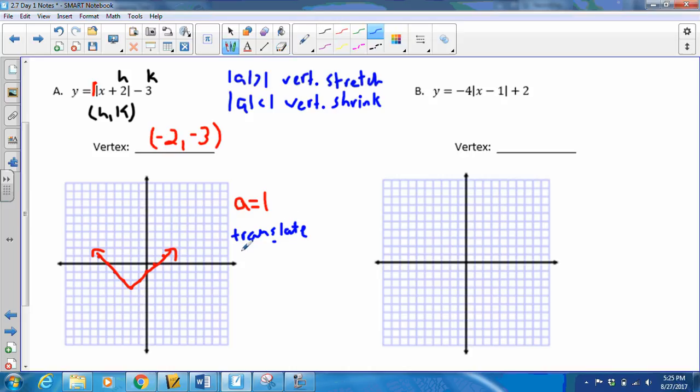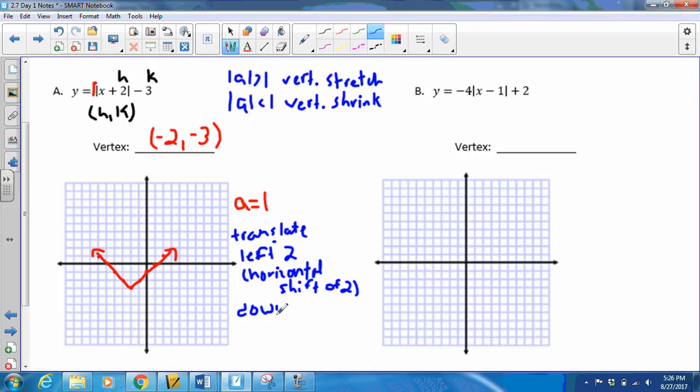So you can translate left 2, or you can just say this is a horizontal shift of 2. And really that would just mean the exact same thing. And then you would say down 3.